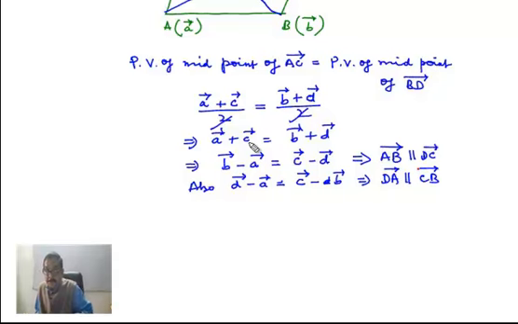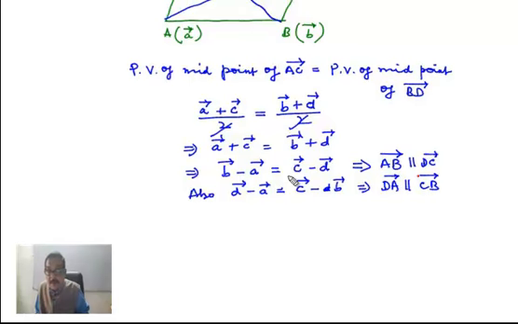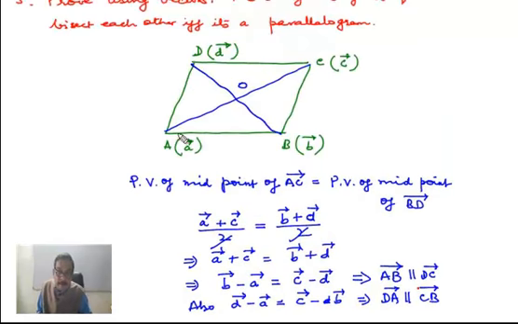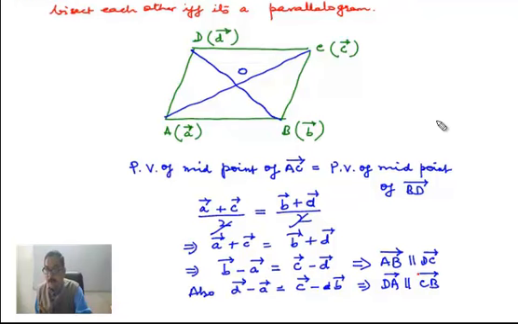So from the diagram, when we see, we find that AB is parallel to DC and DA is parallel to CB, means opposite sides of the quadrilateral are parallel, and therefore ABCD is a parallelogram.